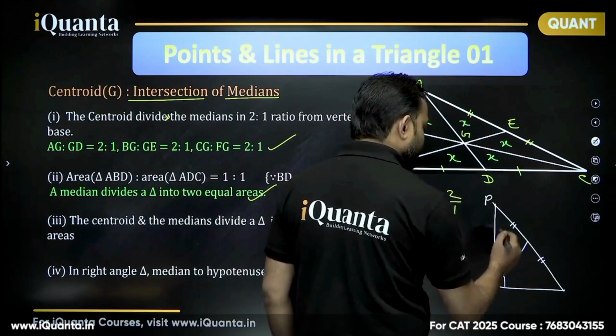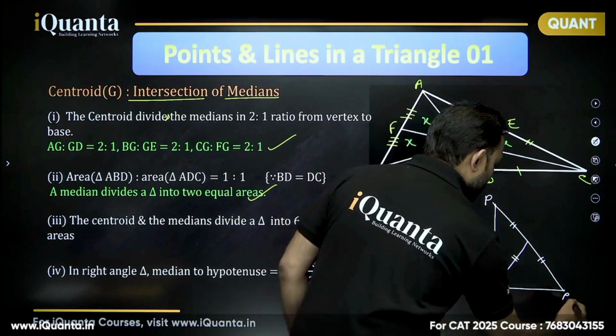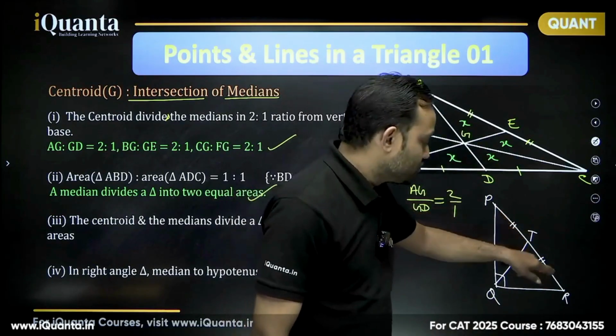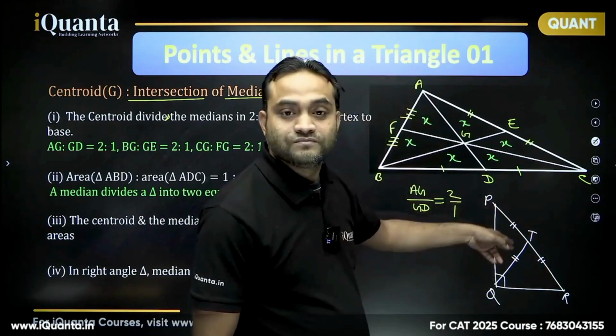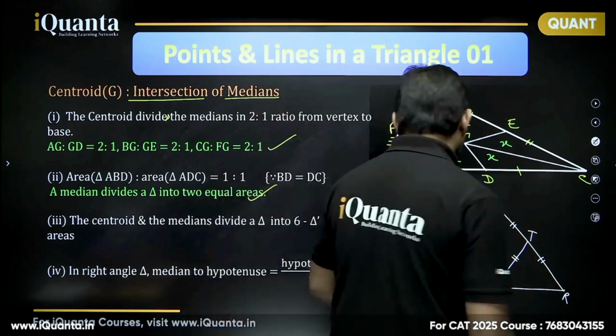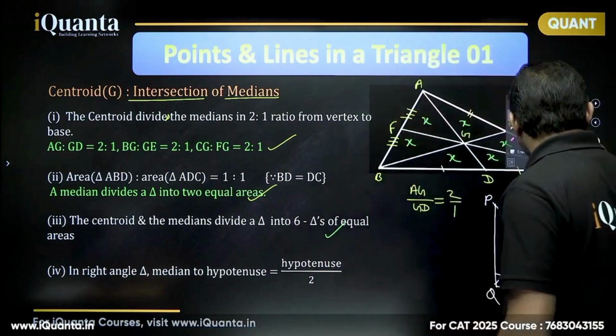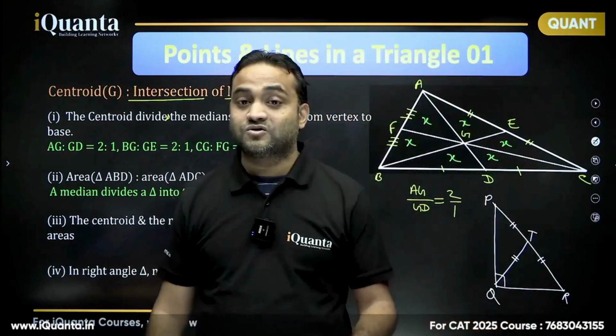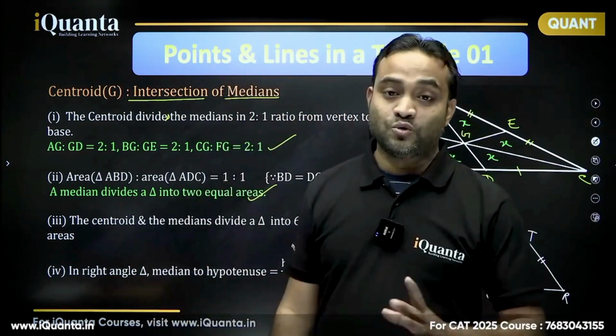Okay, if this is P, Q, R, T, then we can say PT will be equal to TR will be equal to TQ. This is also a very important concept, which if you don't know, you may have problems solving questions, if the question is based on this concept.